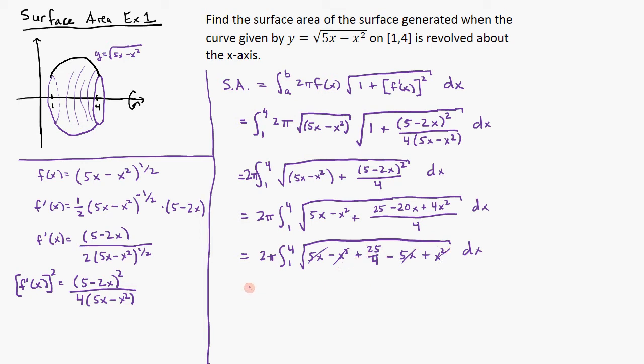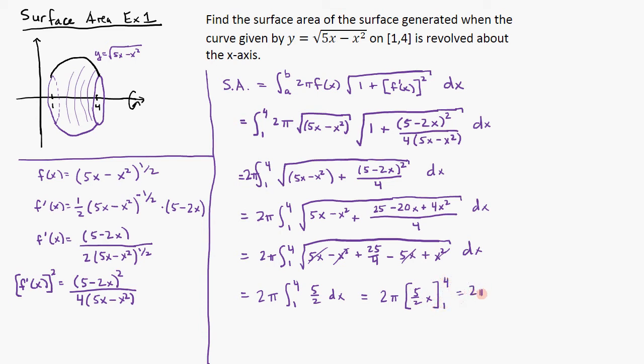So now you can see that this cancels out with this, and all that's left is 25 over 4. The square root of 25 over 4 is just 5 halves. So this whole integral is actually fairly simple. It becomes the integral from 1 to 4 of 5 halves. And so now we're ready to integrate. The antiderivative is 5 over 2 x, evaluated from 1 to 4.